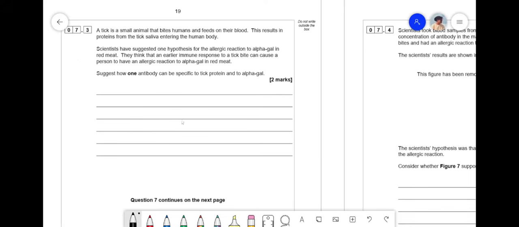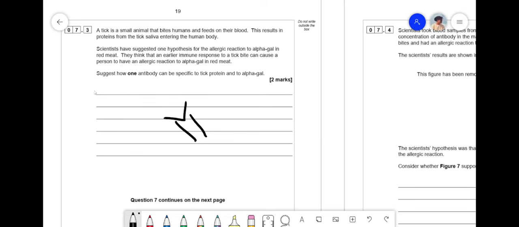So I'm going to zoom in on the variable site, the alpha-gal binding site. Let's imagine that there's this shape. Now this is completely made up just for the sake of simplifying this. Antibodies work because they are specific to a certain antigen. An antigen is something that triggers the immune response.